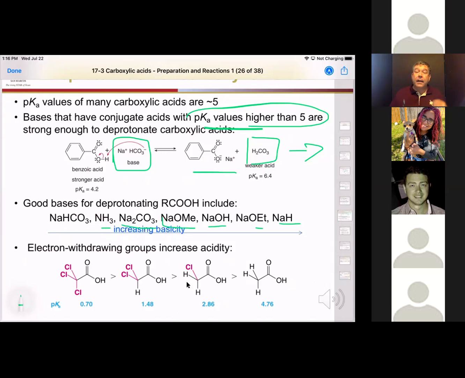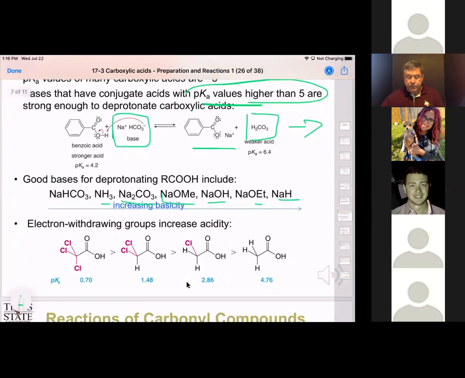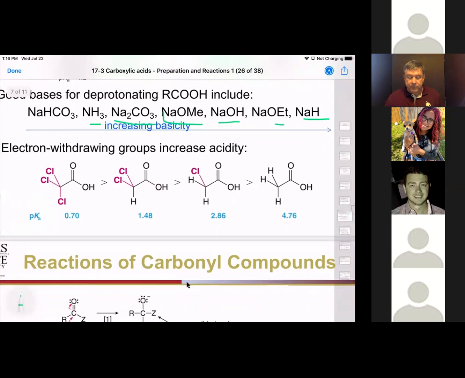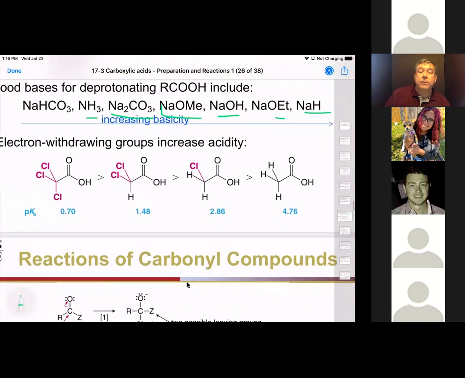If we have electron withdrawing groups that are close enough to the carbonyl carbon to actually pull electron density away from the carbonyl carbon, we can increase the acidity of that proton. I'm going to see if I can blow this up at the bottom here. We talked about this when we were talking about acidity in our acids and bases chapter, so this is kind of a reminder.